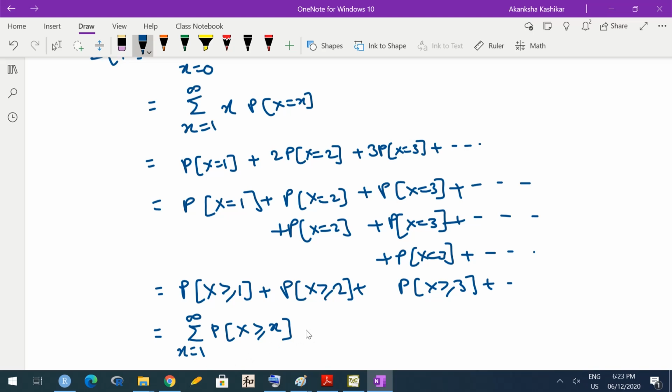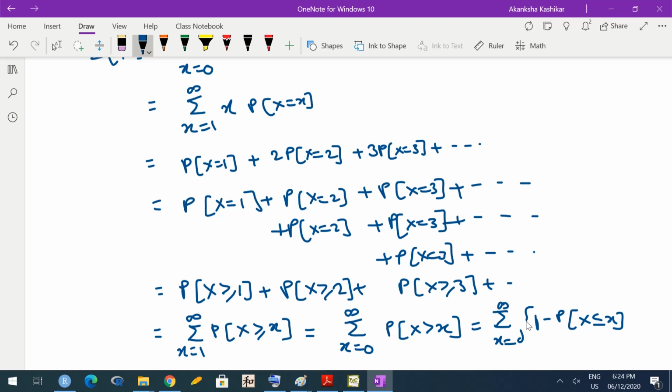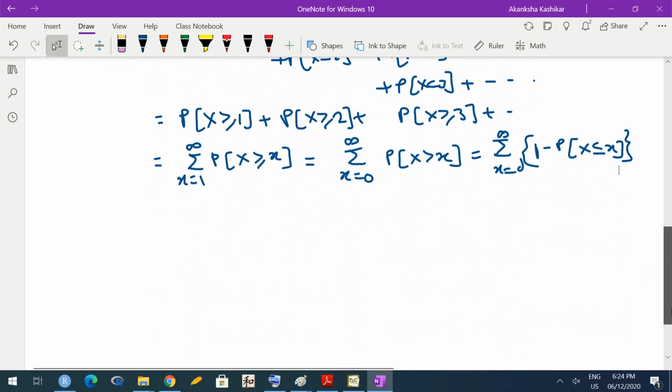It can also be written as the sum over x going from 0 to infinity of probability of X strictly greater than x. Check: probability of X strictly greater than 0 would mean probability of X greater than or equal to 1. And probability of X strictly greater than x can also be written as 1 minus probability of X being less than or equal to x, and probability of X less than or equal to x is nothing but the CDF.